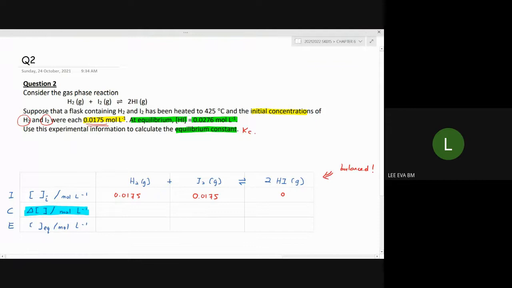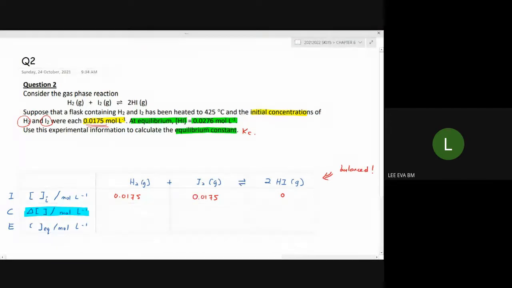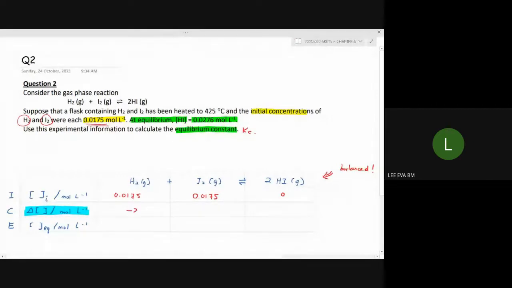The reactant will decrease over time, so in this case we will subtract a certain amount of concentration. So minus X. Kenapa minus 1X saja? Sebab coefficient dia 1. The negative sign represents that the reactant will react, so you're going to decrease this amount of reactant.